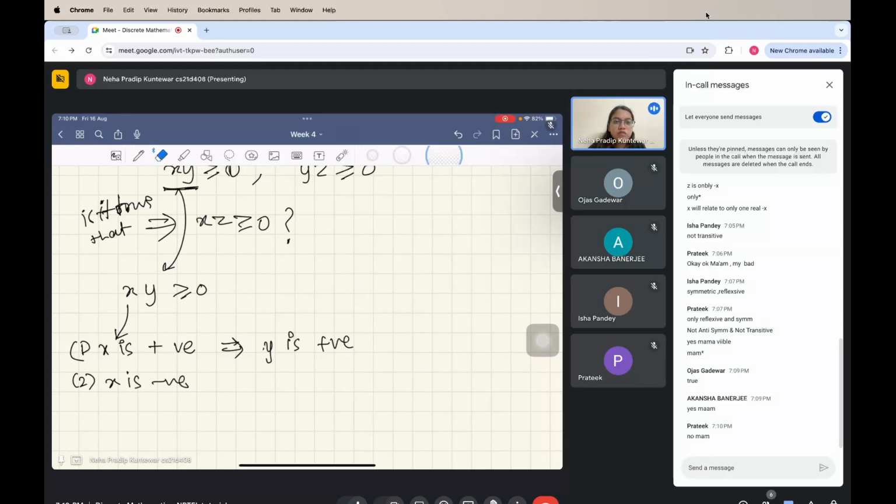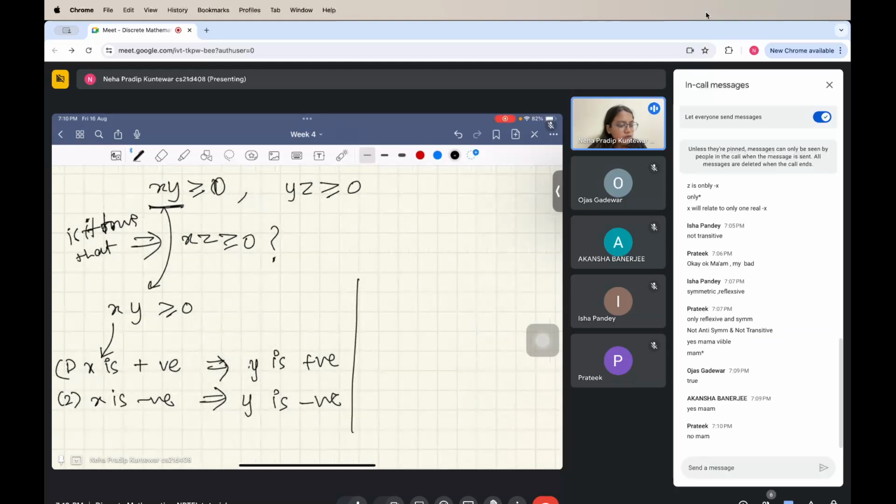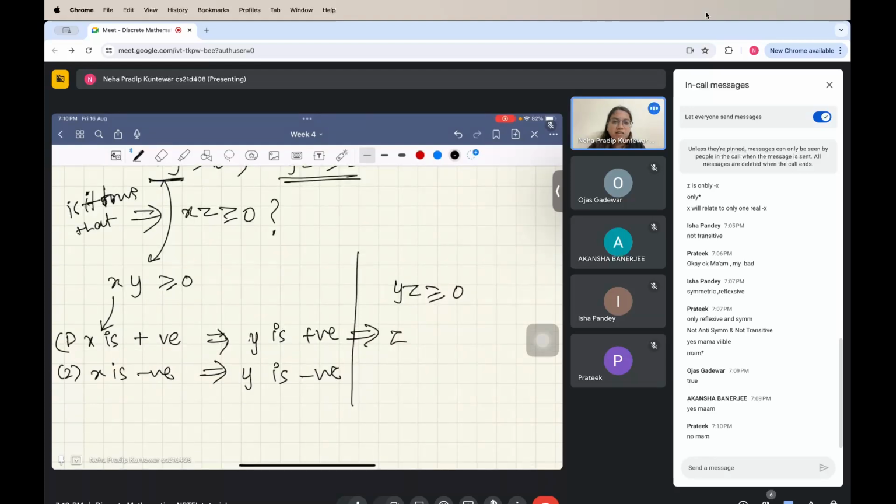So either both of them should be positive or both of them should be negative. Okay, and now you have from this relation that yz is at least 0. So in case 1, what can you say about z? Is z positive or is z negative?